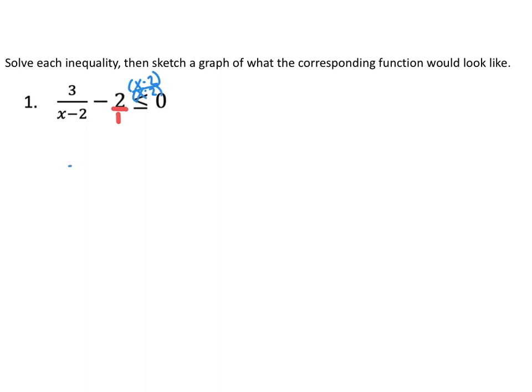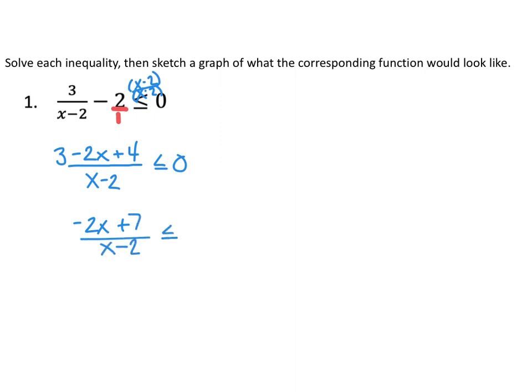That means the second expression, the minus 2, needs to be multiplied by x minus 2 over x minus 2, which would give me a common denominator of x minus 2, and then I would have 3 minus 2x plus 4. Clean that up to get negative 2x plus 7 over x minus 2 is less than or equal to 0.